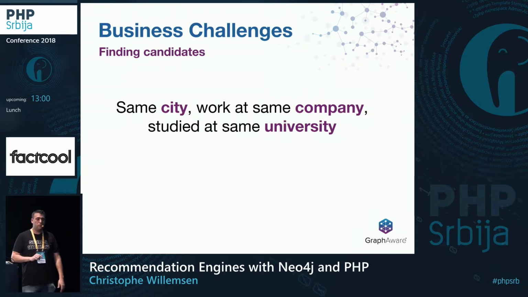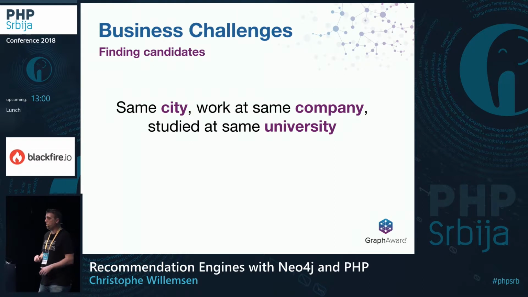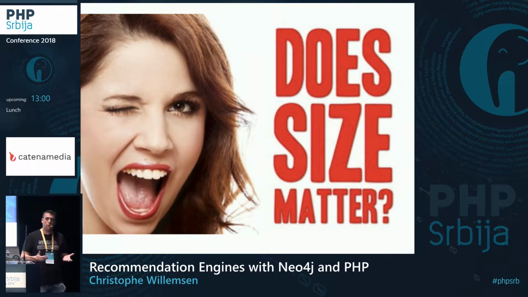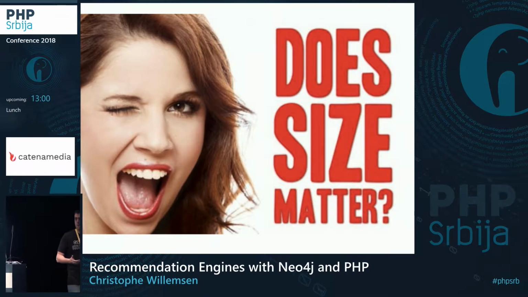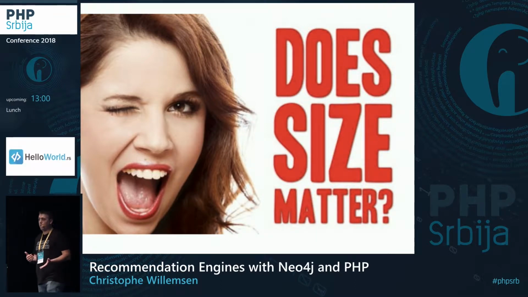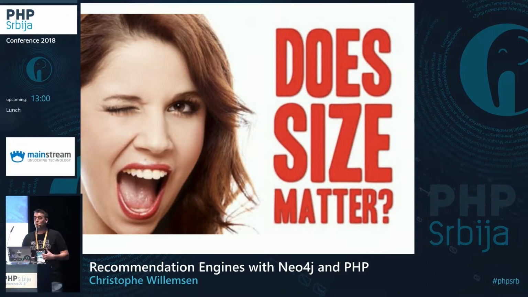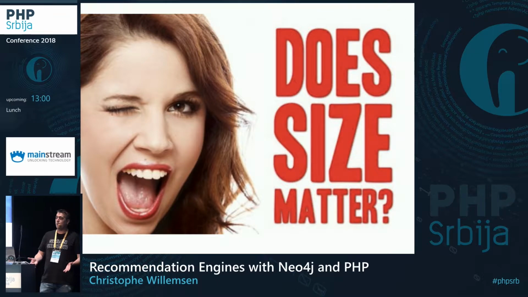If you worked at the same company or studied at the same university or live in the same city, is it more relevant, and mainly, does the size of those things matter? If you work, for example, in my company, we are 25, there is much, much more chance that I will know everybody in my company than if I worked for IBM, for example.